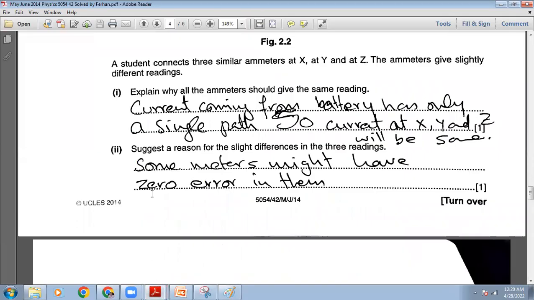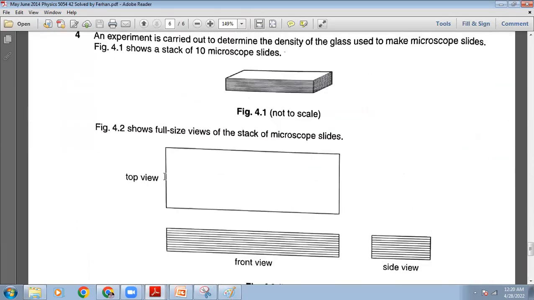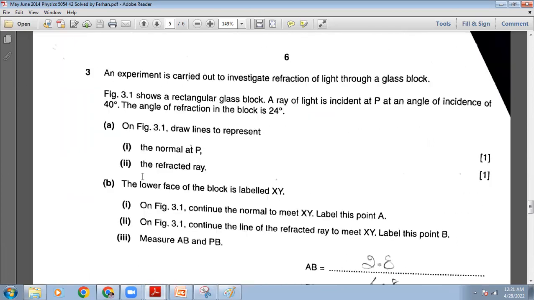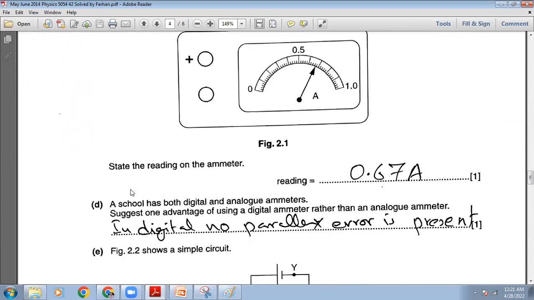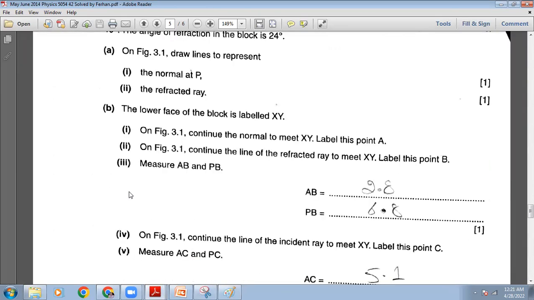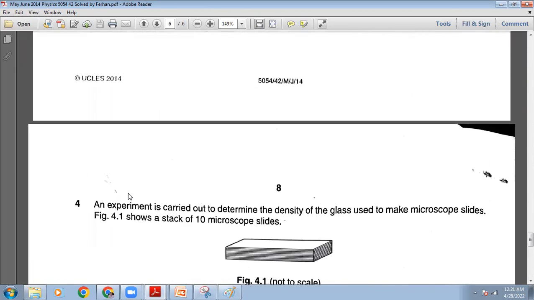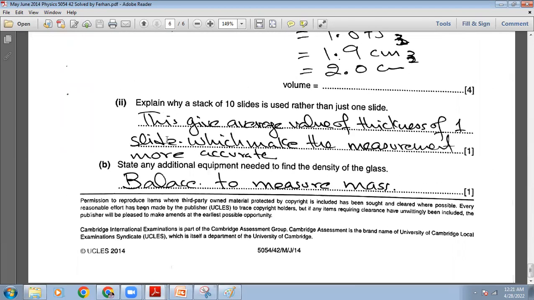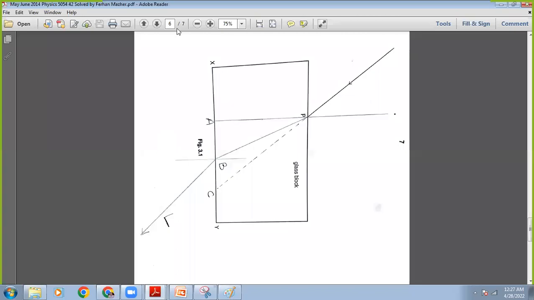So let me show you my answer. You can see this is the diagram, figure 3.1, and this is the ray which is coming here.